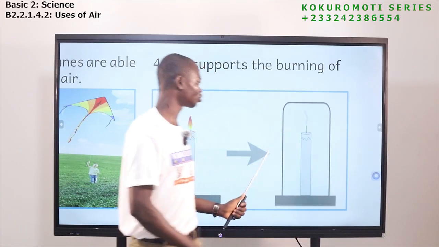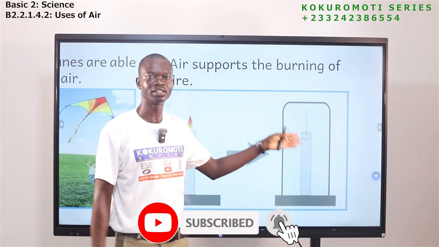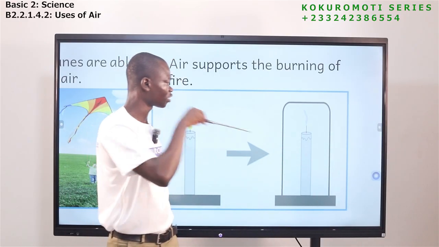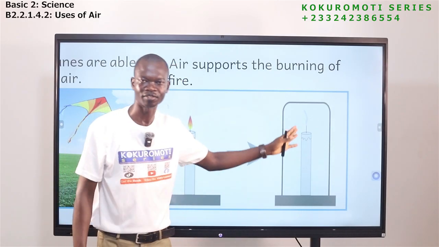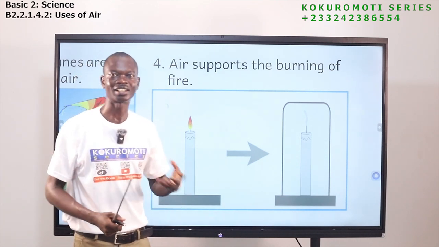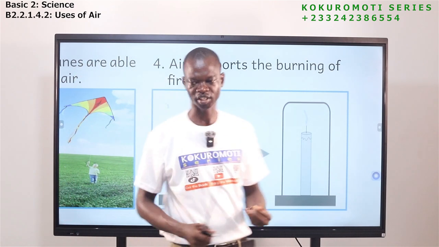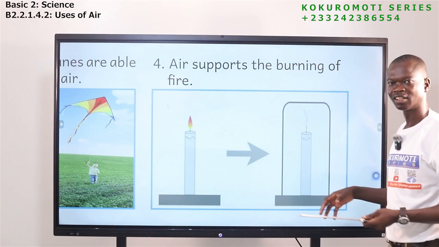So if you come to this side, you see that here, because air cannot enter into the container, air cannot pass through the container and go to where the fire is. That is why the fire is off, because fire can only burn if it has air. Okay, so for you to quench fire, remember to cover it.